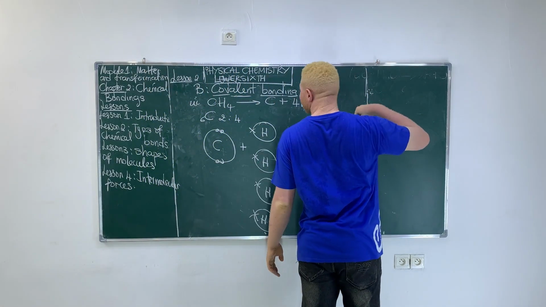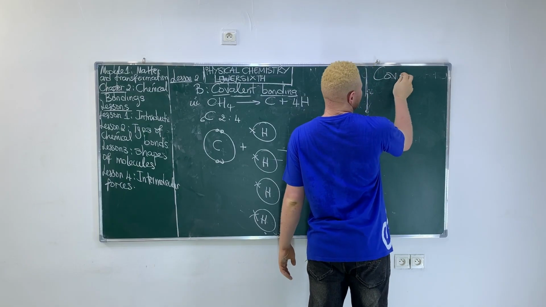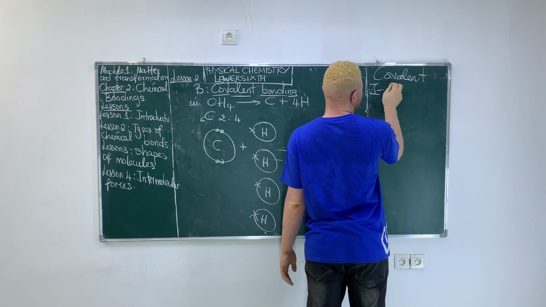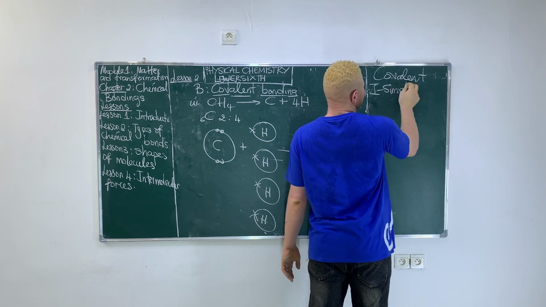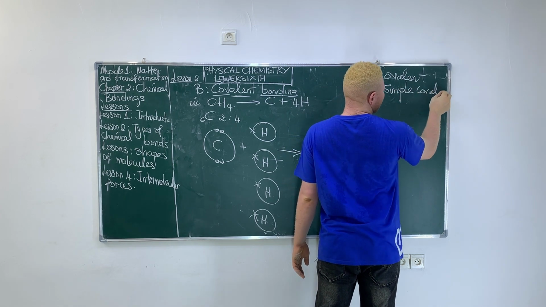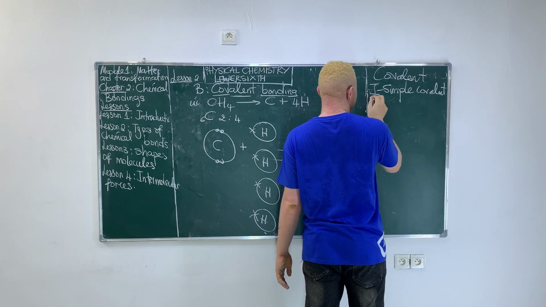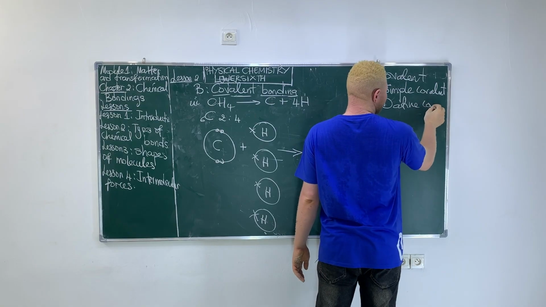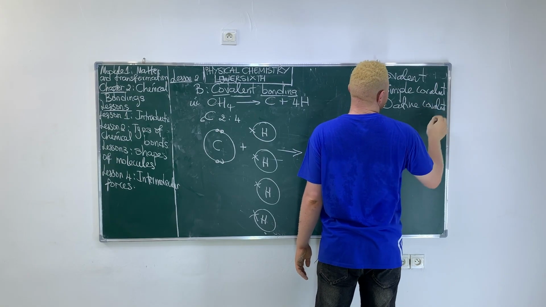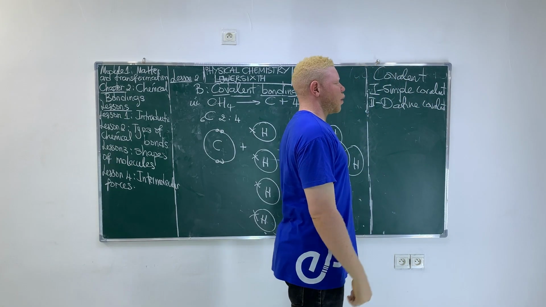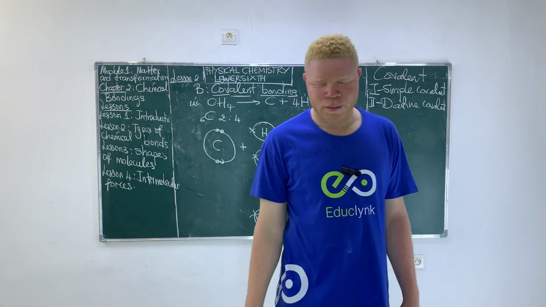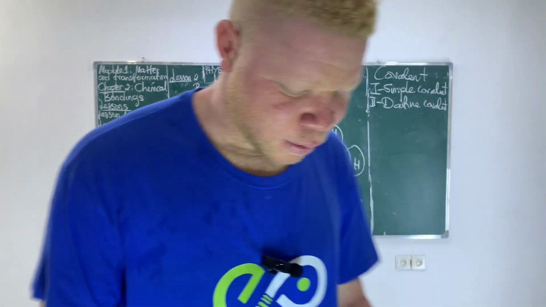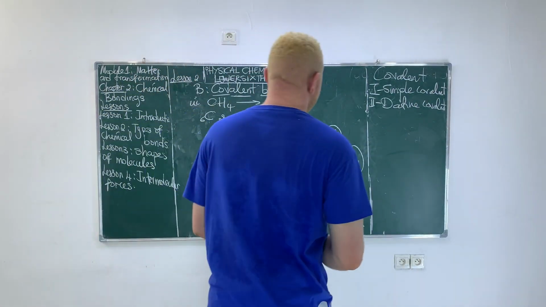Number 1 was simple covalent, number 2 is dative covalent. Okay, let's go down to Roman 2, the dative covalent bond.